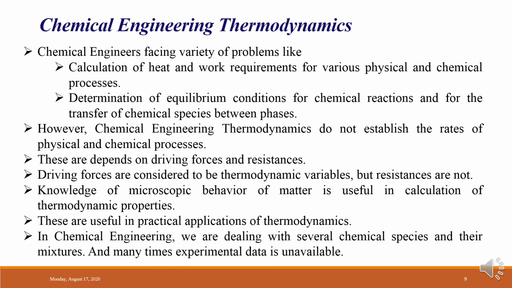So always we are talking about multiple components and their mixtures. Many times these mixtures may be miscible or immiscible, because sometimes you will have a gas phase, sometimes a liquid phase, or a combination of these, or liquids such as an oil and water system. So we have to work with this, and many times experimental data is unavailable. That means you have to find it out.